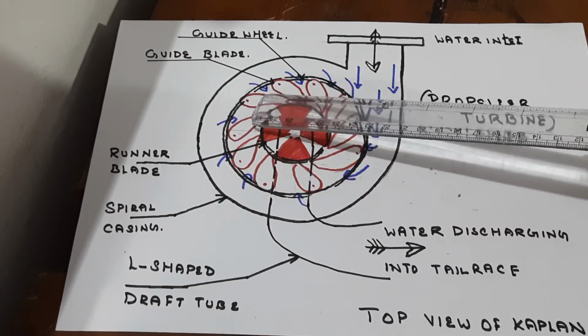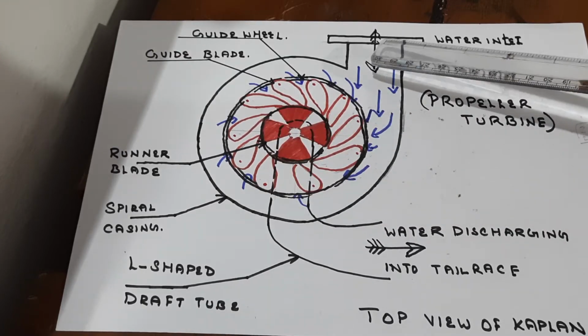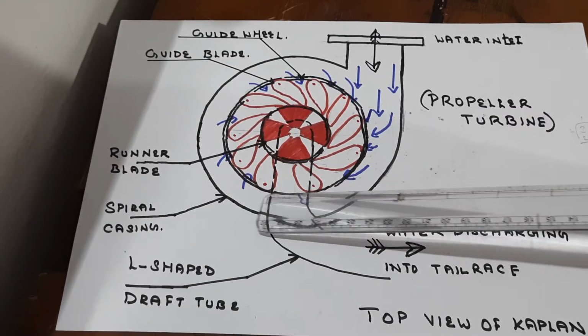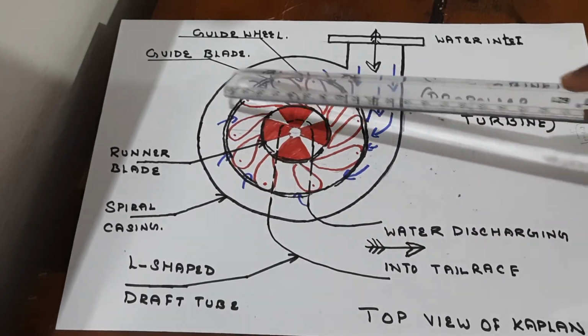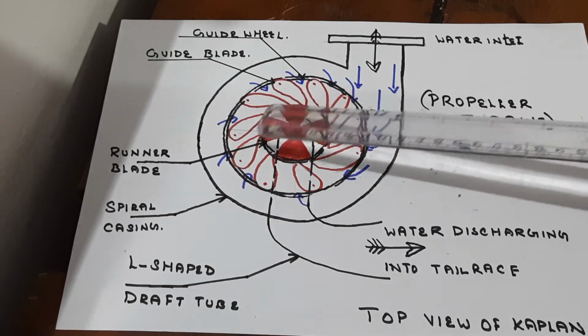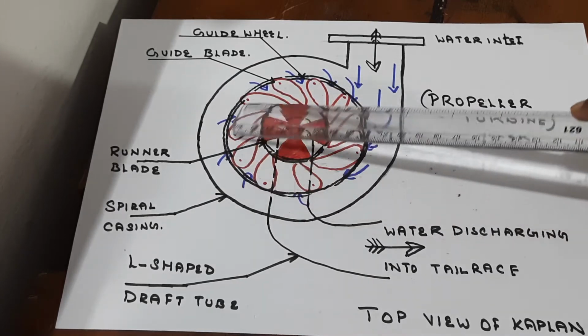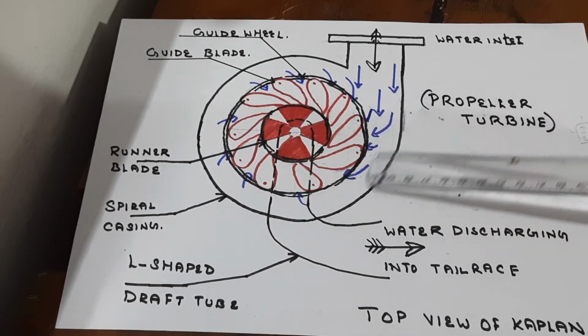You can see these are all guide blades. So you can see the water is flowing. The guide blades guide the direction of the flow. The work of the guide blade is to give the direction of the flow of the water flowing through the spiral casing.